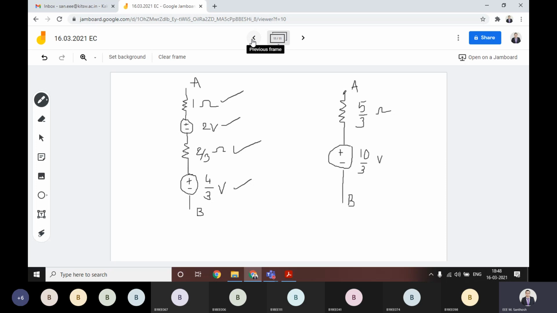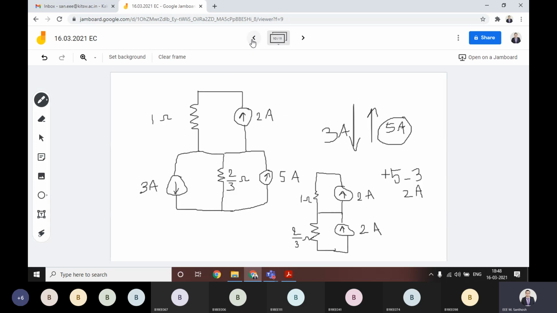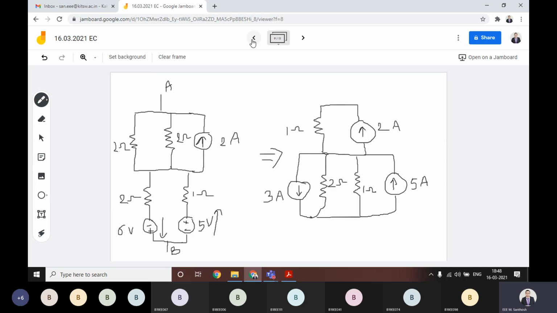For explaining it will take more time, but if you solve correctly, how much time will it take for this kind of problem? I hope not more than 2 minutes.